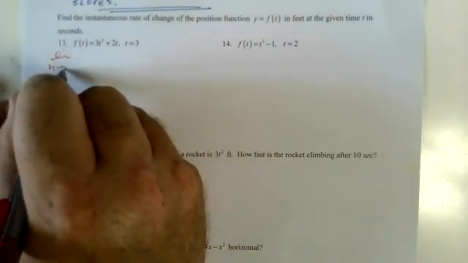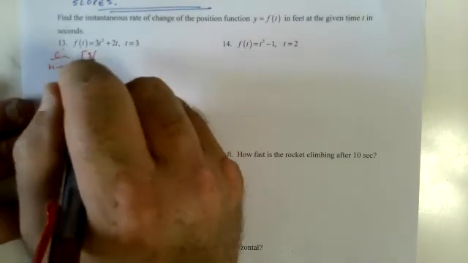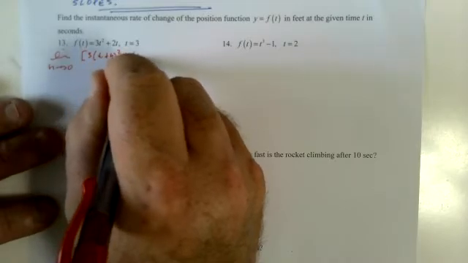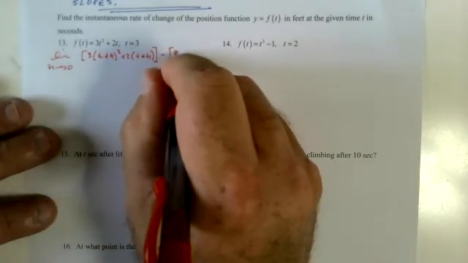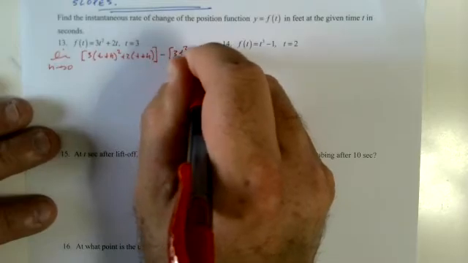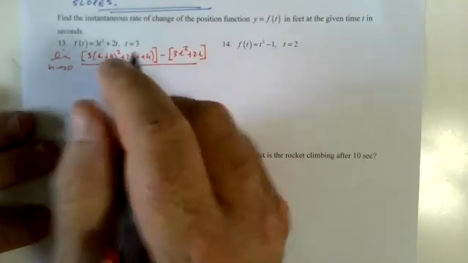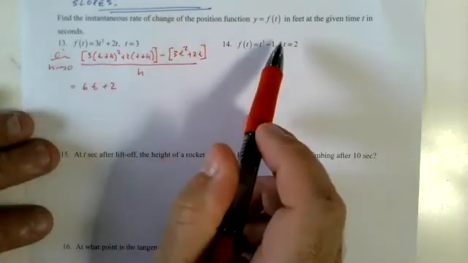As h approaches 0, 3 t plus h squared plus 2 t plus h minus 3t squared plus 2t all over h equals 6t plus 2.